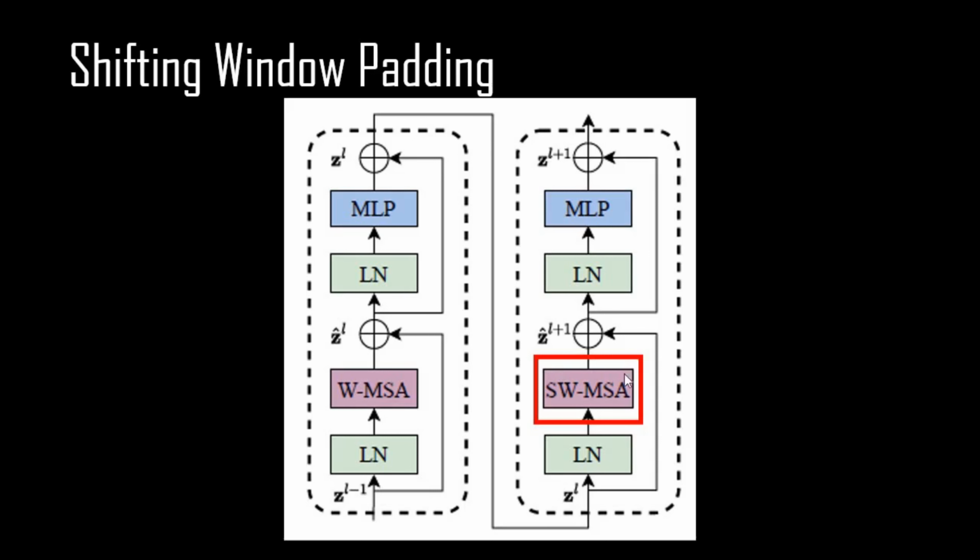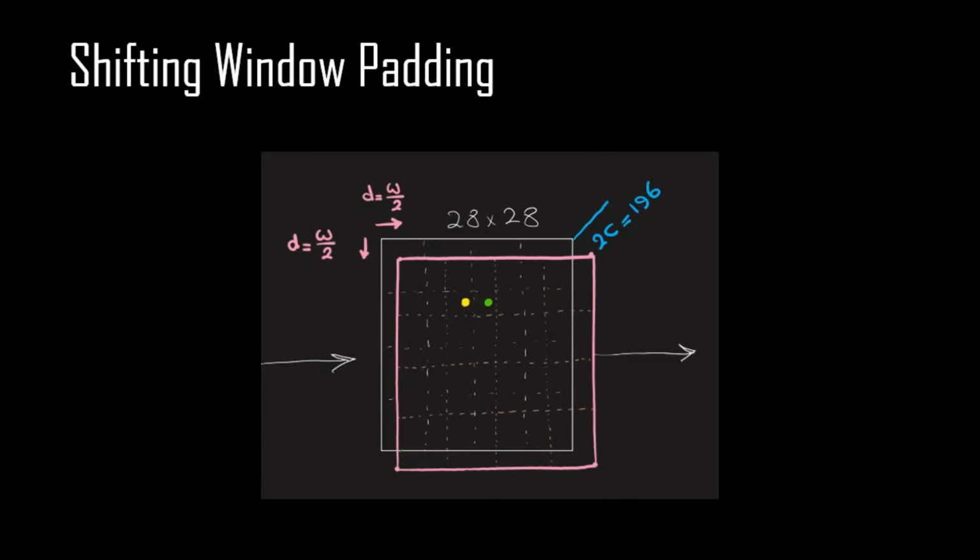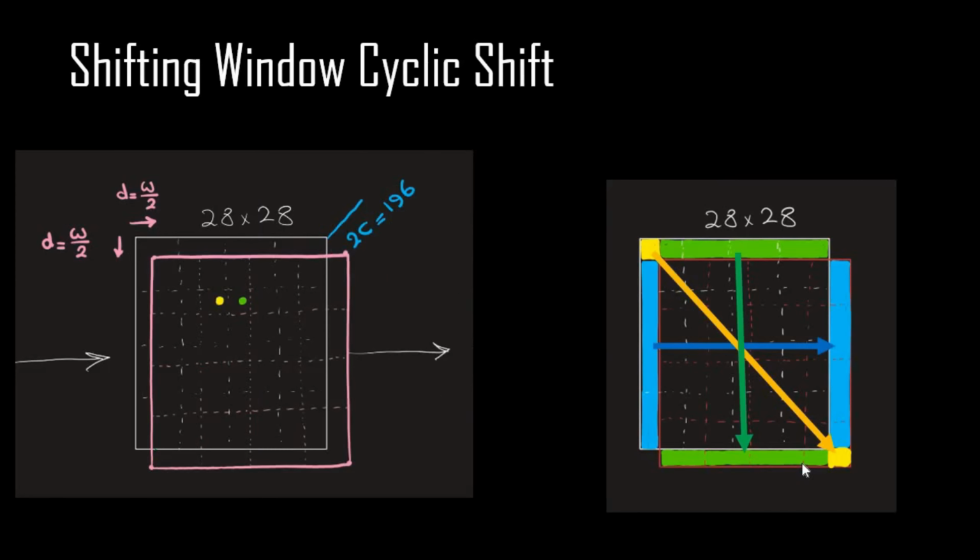Okay, now let's go over the padding. We said that here we are going to have a shifted window. And when we shift the window, we are going to have empty spots here. Okay? And for the empty spots, they decided to do a cyclic shift, where whatever is left over from the top, for example, this green section, is going to come down, from the left is going to come, and this yellow is going to come here.